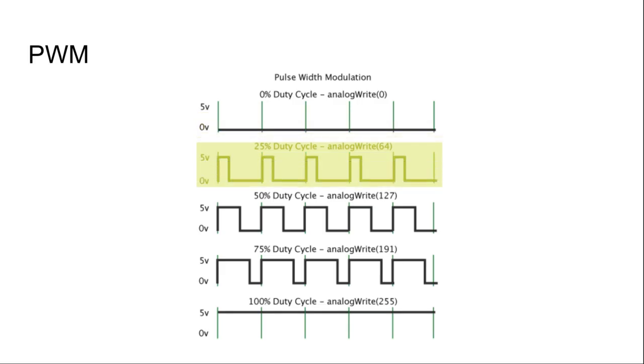Then on the second row, we can see that we have increased the duty cycle to 25%. In this case, on a voltage range between 0 volt and 5 volt, we would obtain 25% of the 5 volt, that is 1.25 volt.